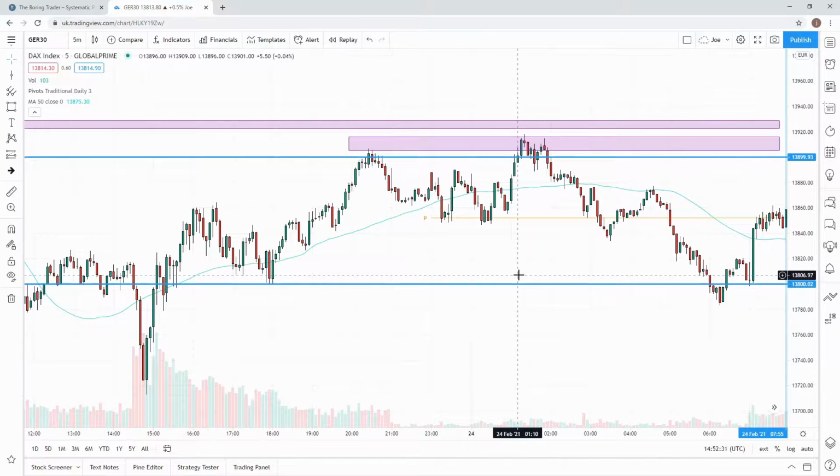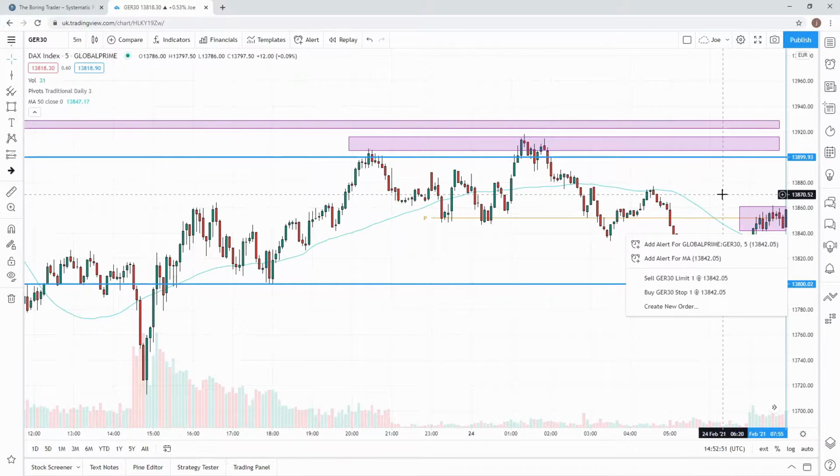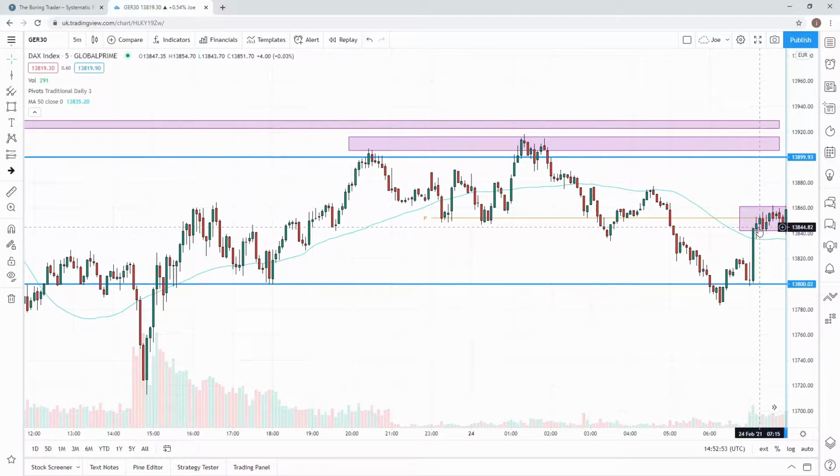There's also an important observation to make, and this depends very much on what kind of trader you are. If you're a very aggressive trader, you may see that here you have a range. This is not too unusual. Before London Open, you will see with the volume actually what happens in London Open.